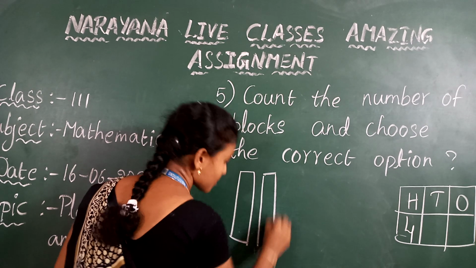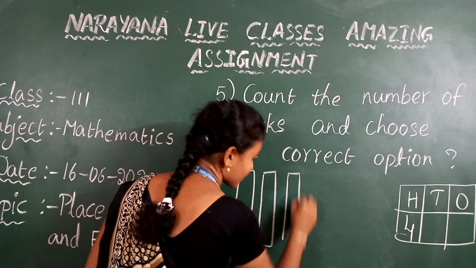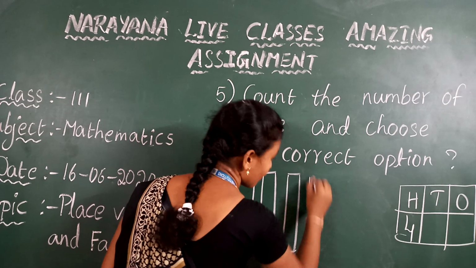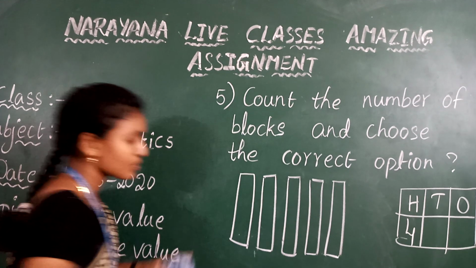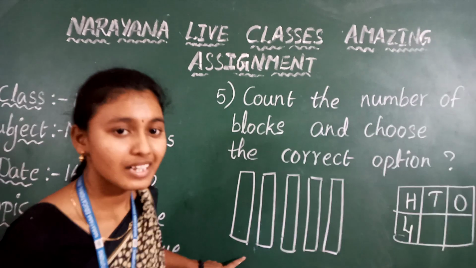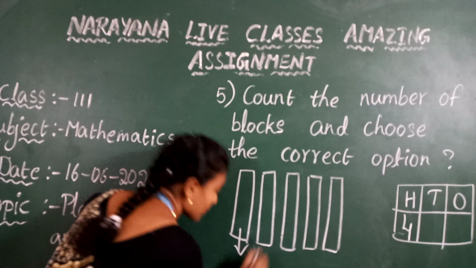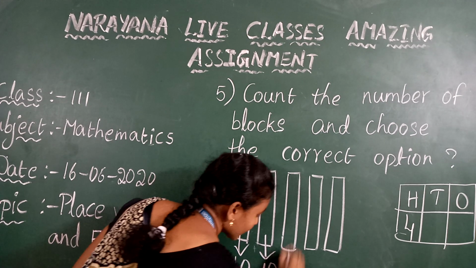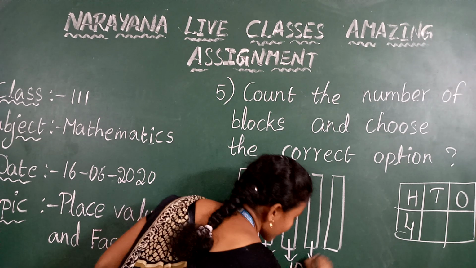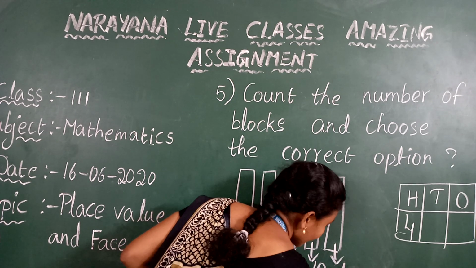1, 2, 3, 4, 5. So each rod belongs to 10. 10, 10, 10, 10.